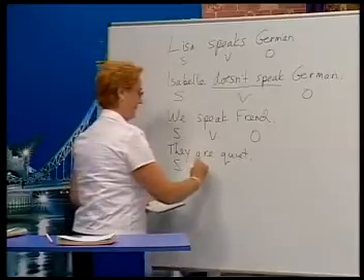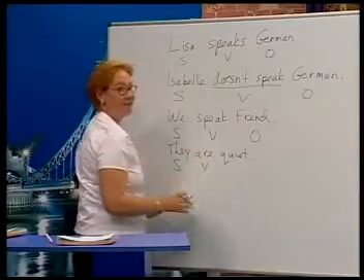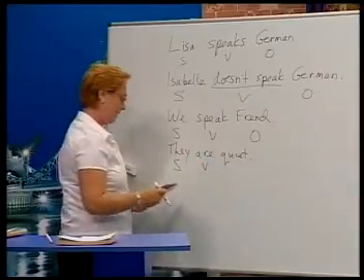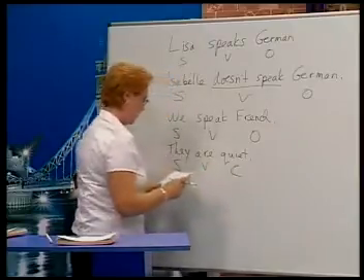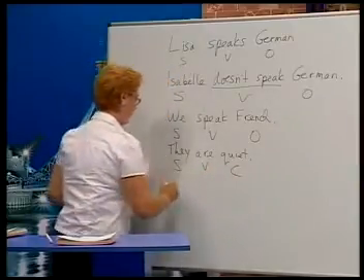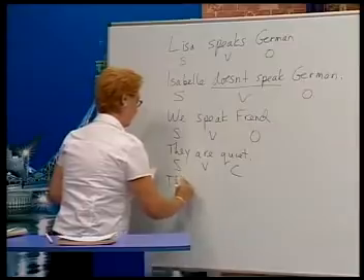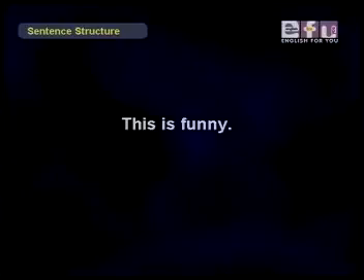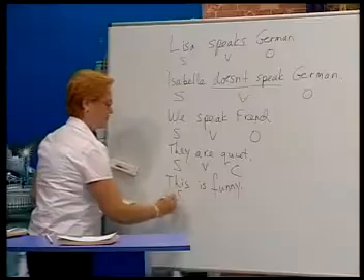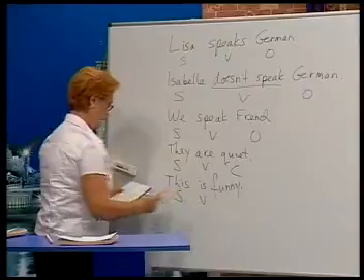Are is the verb. And quite is the complement. Yes, good girl. Okay, here's another one. Isabel. This is funny. Okay, this is the subject. Is the verb. Funny is the complement.